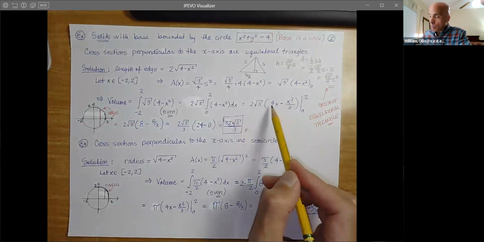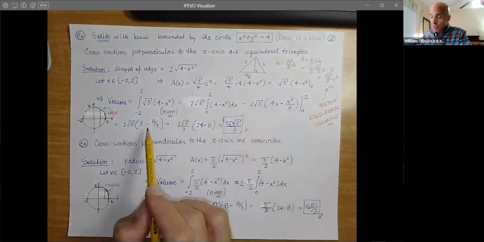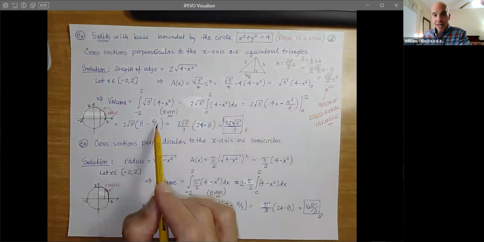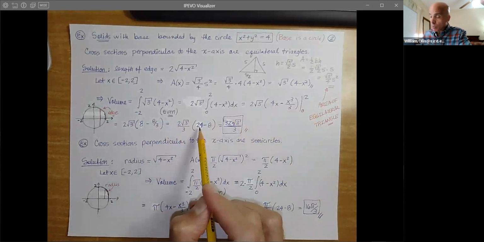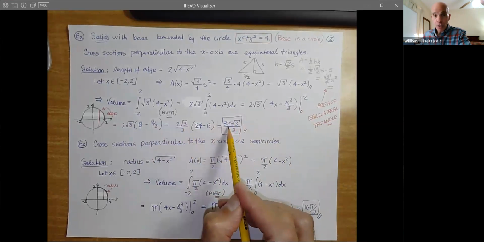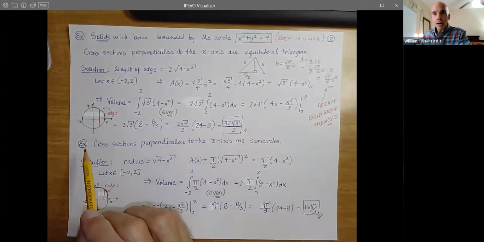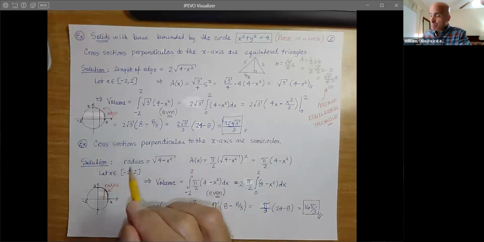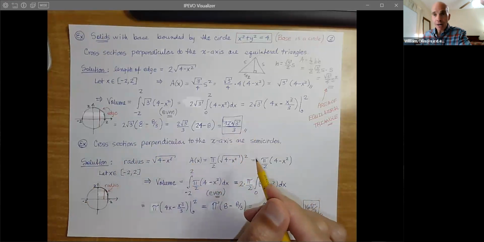Substitution of the 0 nullifies everything, but we do get content with the 2. That is, we get an 8 minus 8/3. And of course, factor the 3, and that'll give us a 24 minus 8, which is a 16. 16 times 2 gives us 32, and we have the square root of 3 over 3 as the final factor. So the solution will be 32 times the square root of 3 divided by 3.